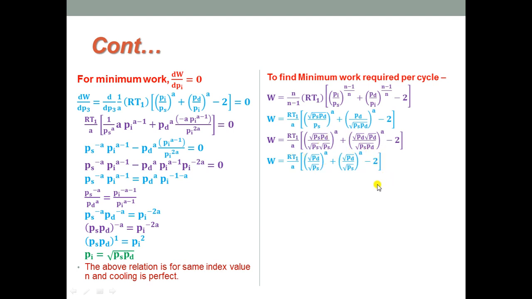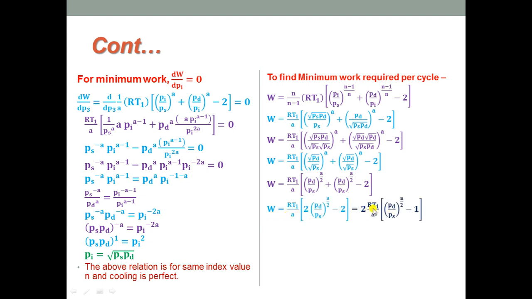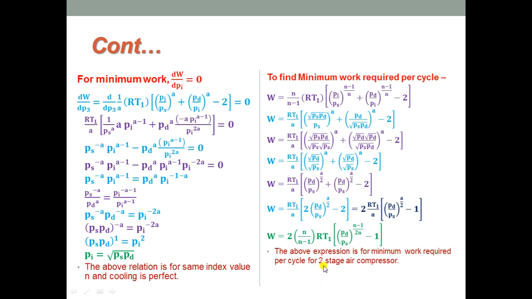It is just a mathematical simplification, and finally we will come across this expression: 2 into RT1 by A, into (Pd over Ps to the power of A by 2 minus 1). The final expression for minimum work done per cycle becomes 2 into n by n minus 1 RT1 multiplied by (delivery pressure over suction pressure) whole to the power of (n minus 1) by 2n, minus 1, and this is the expression for the minimum work required per cycle for two-stage air compression.